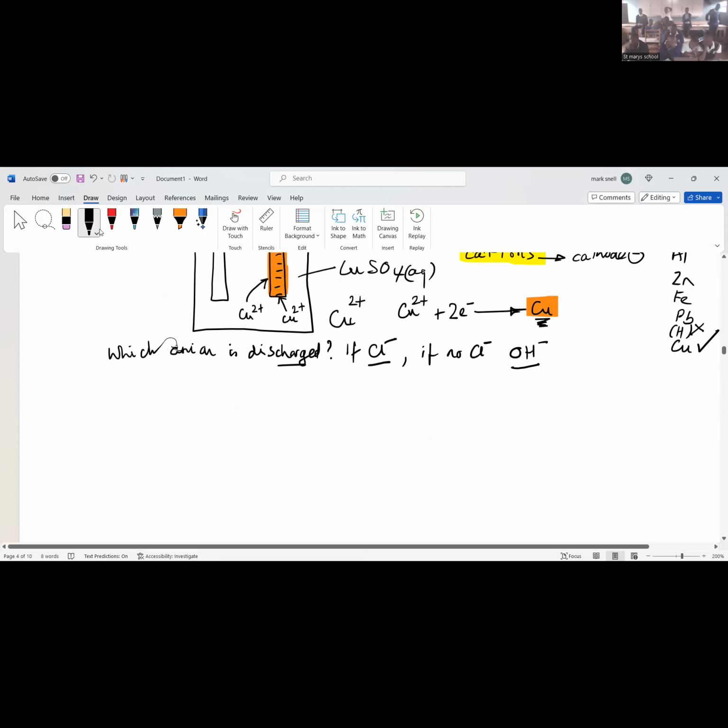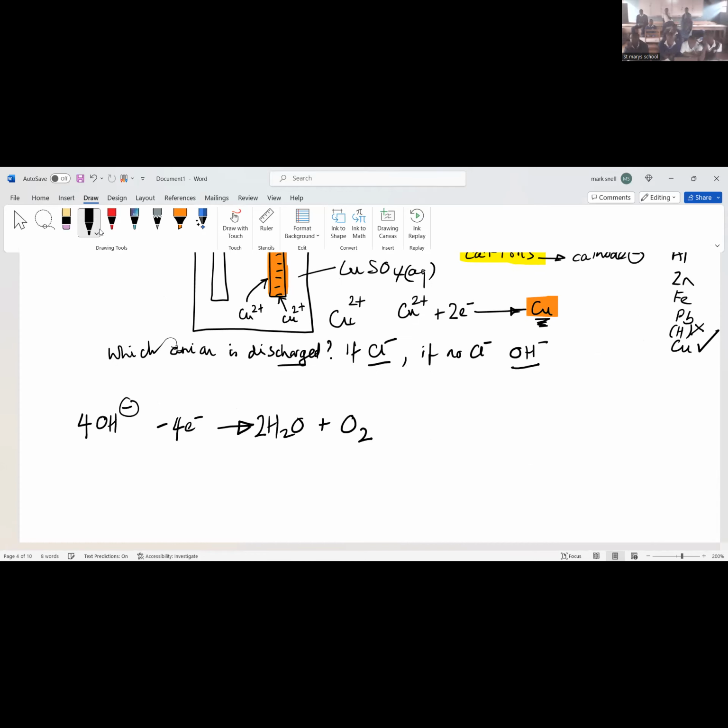What happens with OH- is this. OH- loses electrons to form water and oxygen. To do that, we have to balance it with 4 of those, which forms 2 of these. And because we've got the minus charge here, we have to lose 4 electrons.